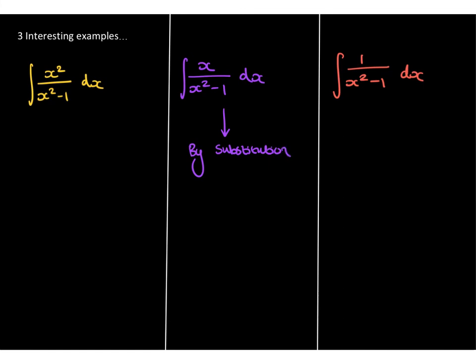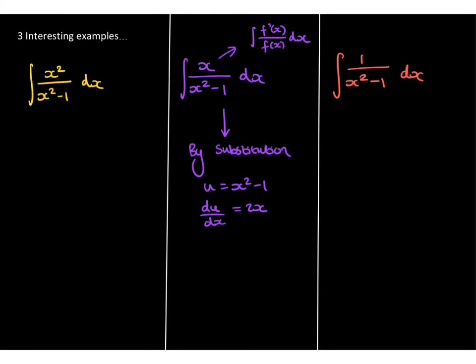The middle one can be done by substitution. Think about setting u equal to x squared minus 1, then du by dx is equal to 2x, which is a multiple of the numerator. So this integral takes the format of f dash x over f of x.